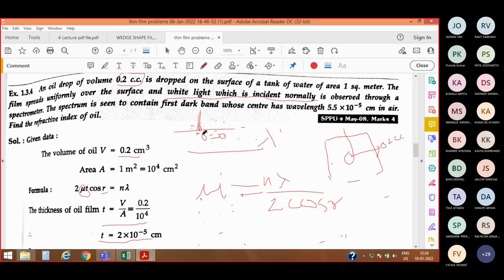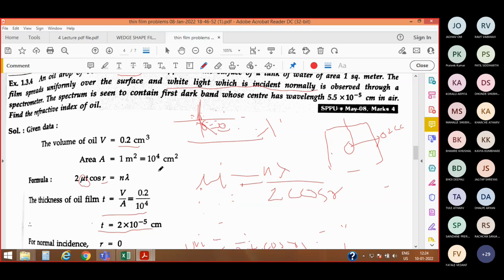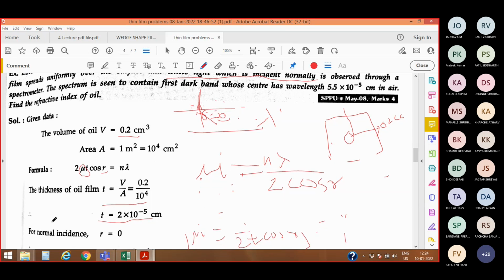So there is no any angle, angle of refraction is 0 since it is normally incident. So cos of 0 means 1. So put that value here in this equation, and what is the final answer?